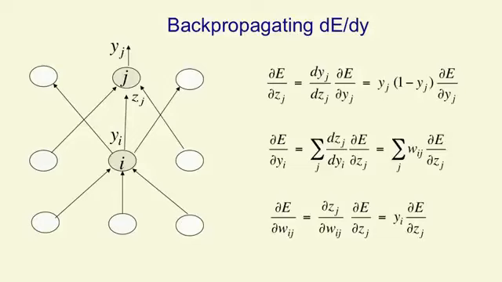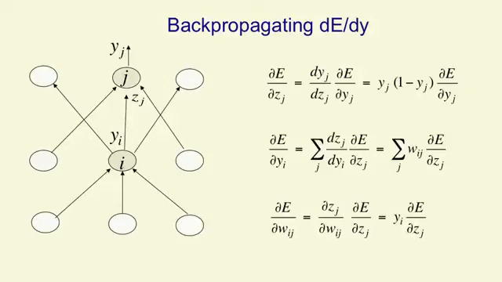So on this slide we've seen how we can start with dE by dyj and backpropagate to get dE by dyi. We've gone backwards through one layer and computed the same quantity, the derivative of the error with respect to the output, in the previous layer. So we can clearly do that for as many layers as we like.